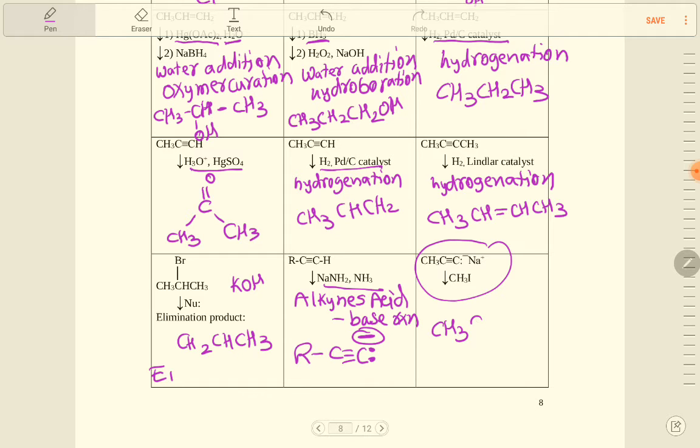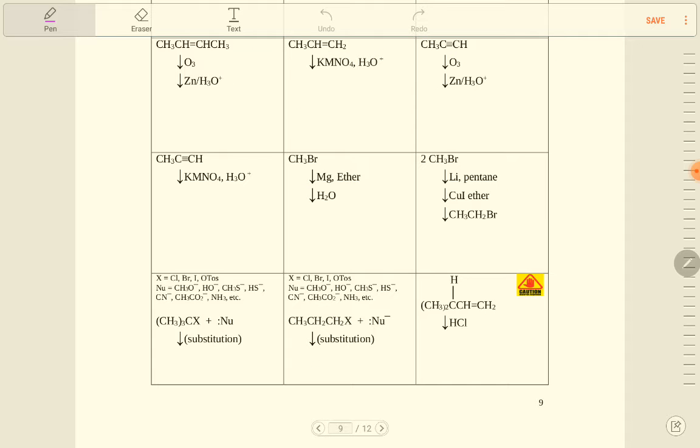This is the product it forms. All right, so basically if you memorize standard reactions, then you can apply them in different situations, and let's see if we can work on the next one.